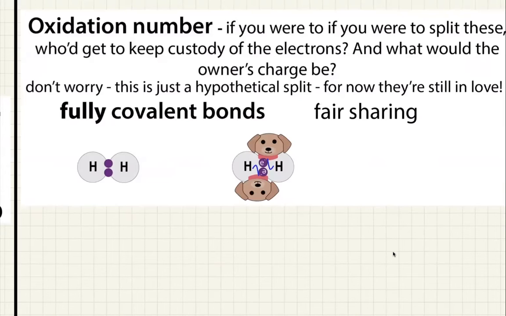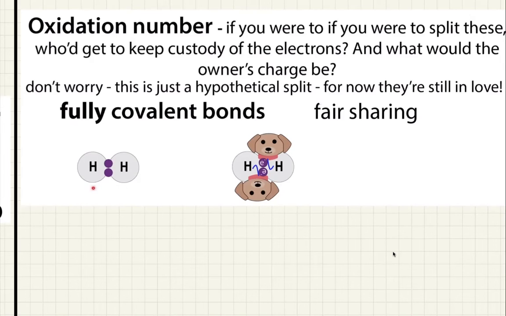We can think about if we have a bond, this would be kind of like the two dog walkers hanging out together, where each of them is holding on to a certain number of dogs, and some of those dogs are going to be shared. What would happen if the dog walkers split? Well, the shared dogs would have to decide who they would want to go with. Would they want to go with walker 1, or would they want to go with walker 2?